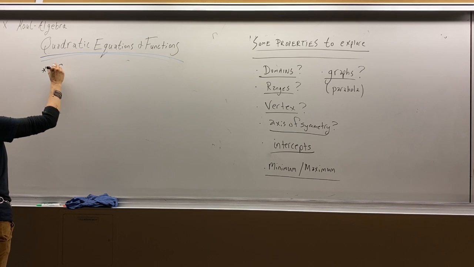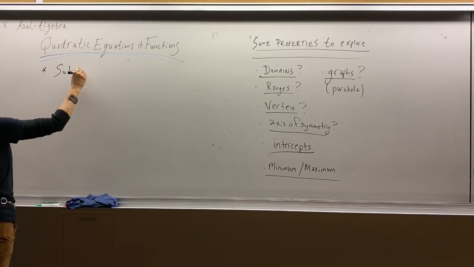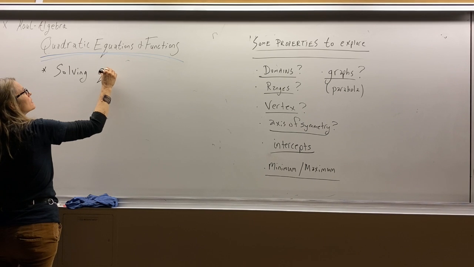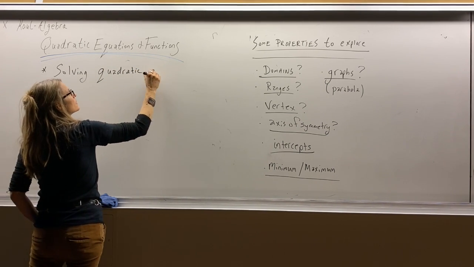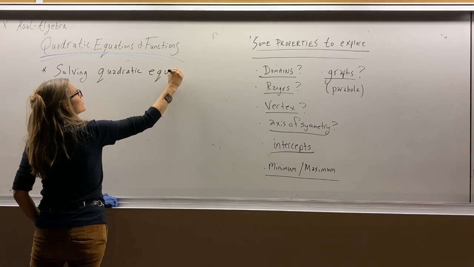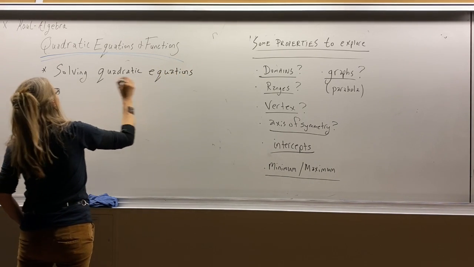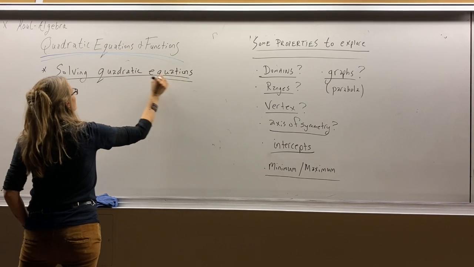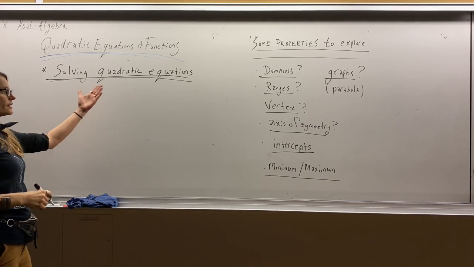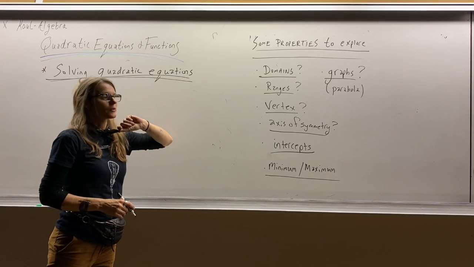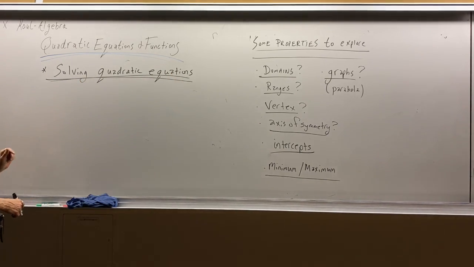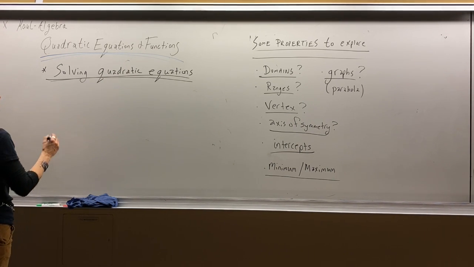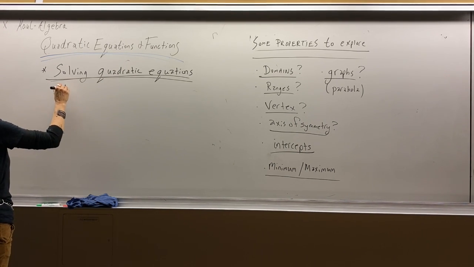So solving quadratic equations, which, if it's a function, you can make it an equation by setting the variable equal to a value. So this applies to functions as well. So solving quadratic equations, there's 4 main ways.